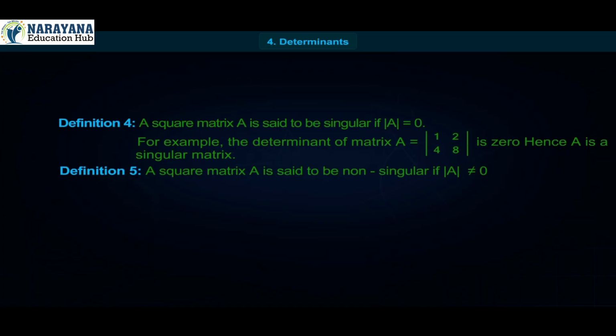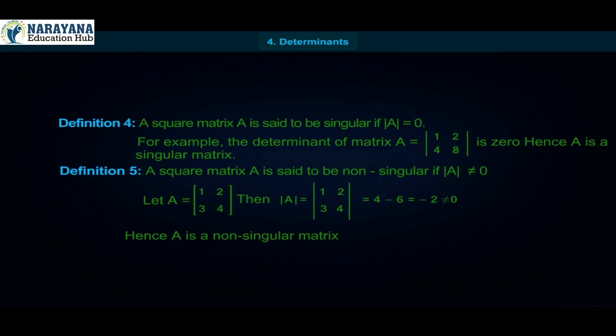A square matrix A is said to be non-singular if determinant of A is not equal to 0. Let A = [1, 2; 3, 4]. Then determinant of A is equal to 4 minus 6, which is equal to minus 2, not equal to 0. Hence, A is a non-singular matrix.